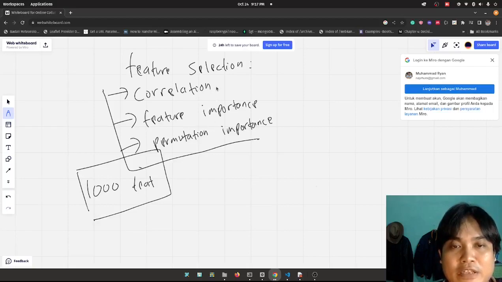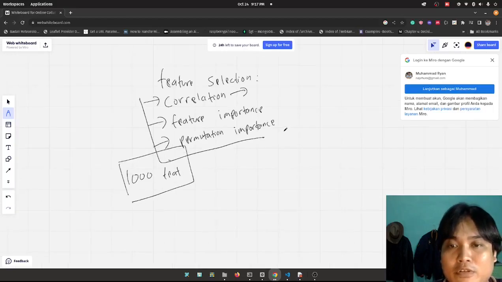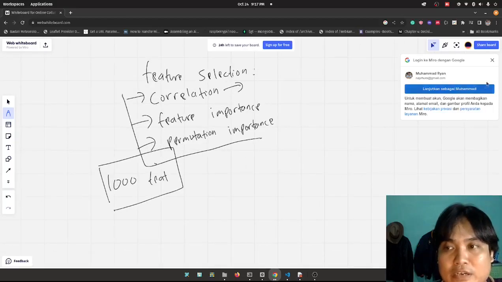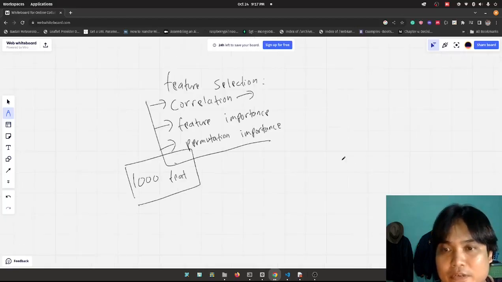And correlation is the simplest among them. Correlation is, I think, the feature selection for linear problems. So if you don't know about correlation, I will explain it first.